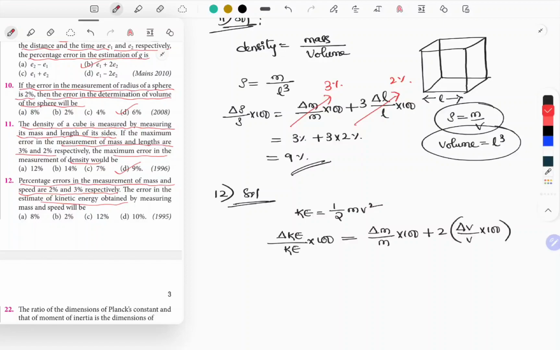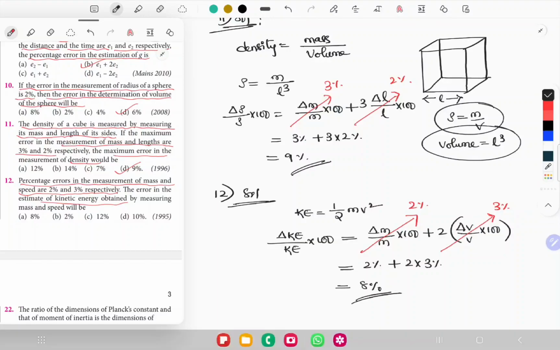They've already mentioned percentage error present in the mass. It is 2%. In speed, it is 3%. Then by substituting these values, 2% plus 2 into 3%, final answer I'm going to get is 8%. For question number 12, option A is correct.